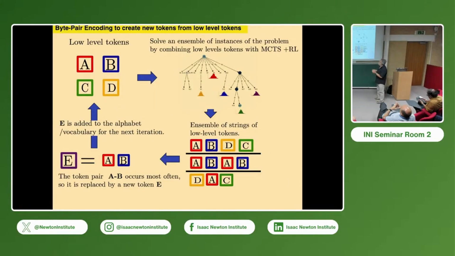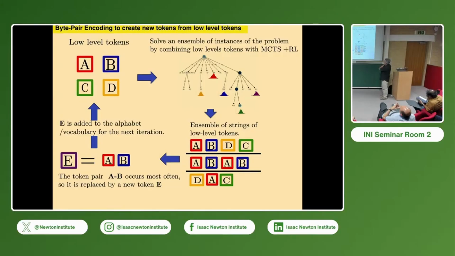Now, another element that we're going to use to learn this language is something known as byte pair encoding to create new tokens from low-level tokens. So what do I mean? Starting with a set of low-level tokens or computational actions, we're going to solve an ensemble of instances of the problem, and I will give you examples of that problem, by combining low-level tokens with MCTS plus reinforcement learning.